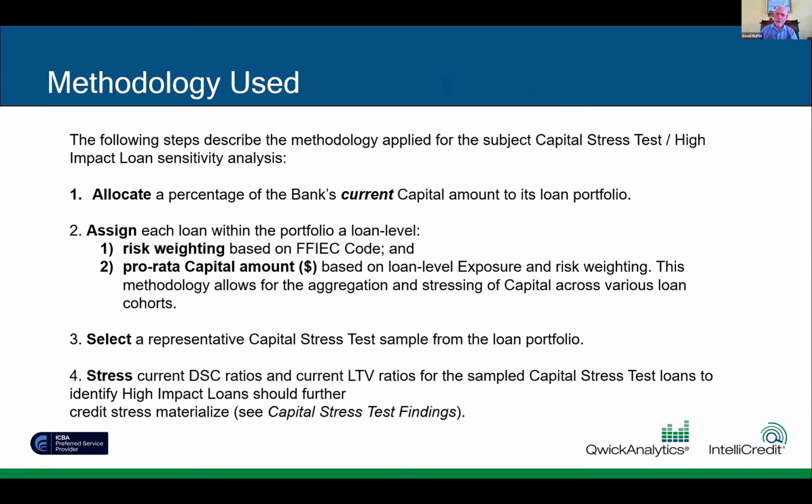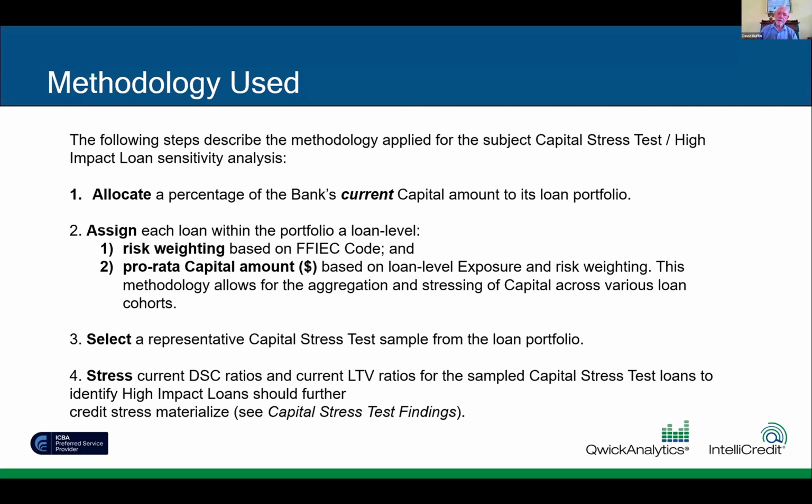We allocate a percentage of the bank's current capital amounts to its loan portfolio. Then we assign risk-weighted levels based on FFIEC codes and a pro rata capital amount for those subsets of the loan portfolio at the exposure level.